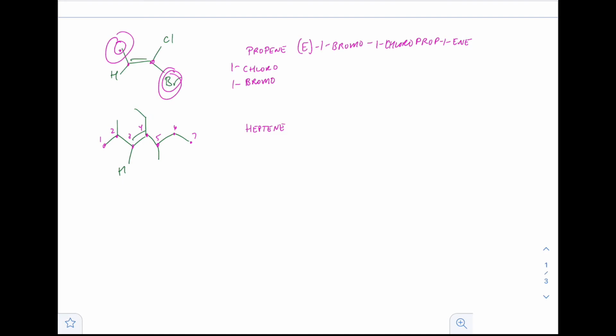So we're going to give the alkene the 3 position as the start. So it's hept-3-ene now. And now we can just tally up: we've got a 2-methyl, a 4-ethyl, and also a 5-methyl.